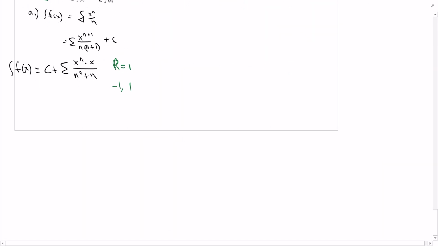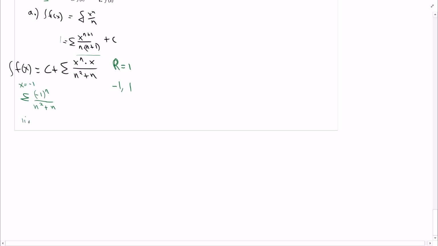So let's plug in -1, and we're going to be looking at this series, right? So this is when x equals -1. We're going to be looking at the series -1 to the n over n squared plus n. All right, this is an alternating series.